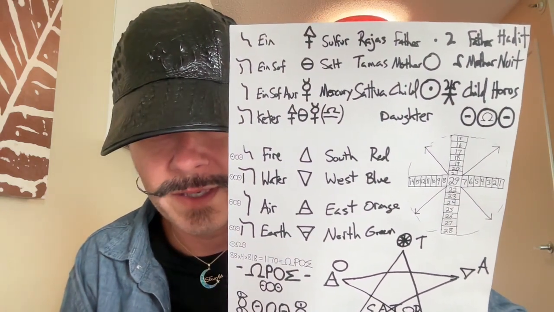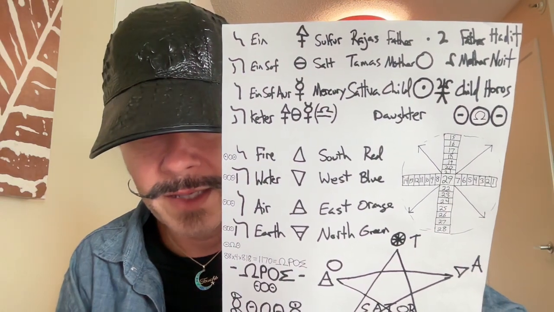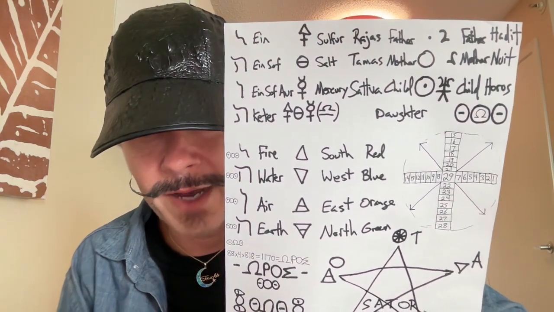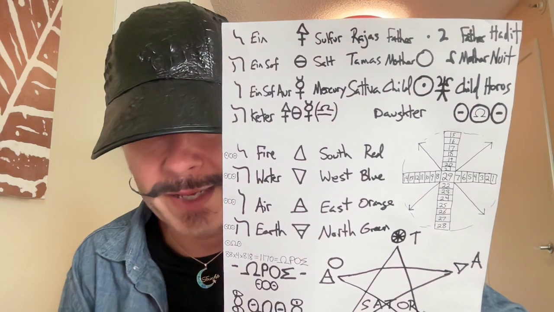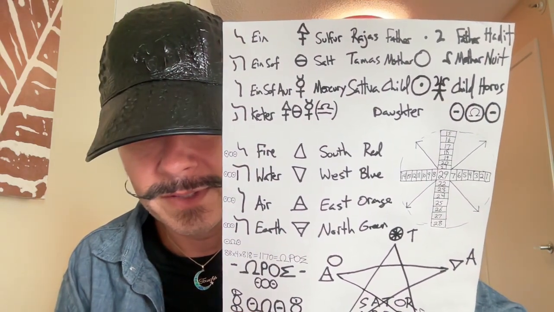So both the Bindu and the Taiji too, and also the Ein Sof Aur. So that entire complex down to the Taiji too.